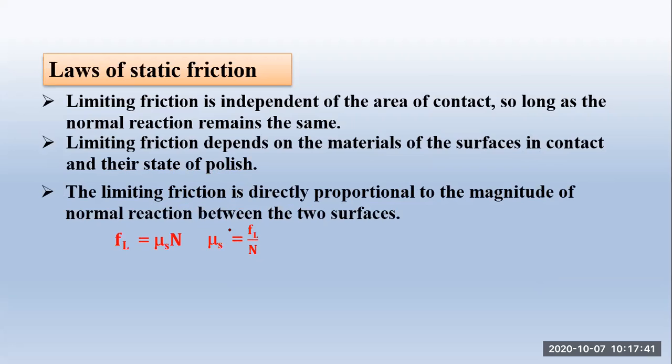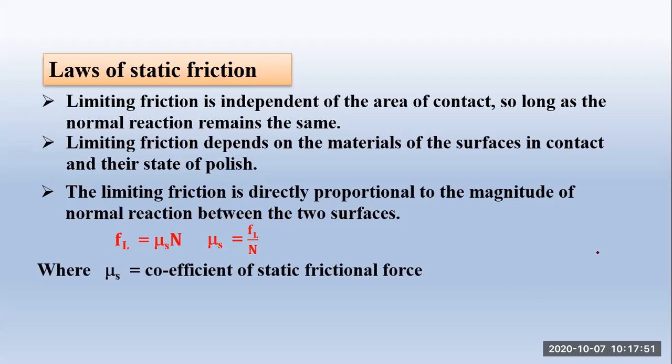So this law we can write, whatever we wrote earlier. That was common for static and kinetic, so the same thing we are writing separately. This is the limiting frictional force, the maximum value of static force. So if friction is static, it is less than this much.